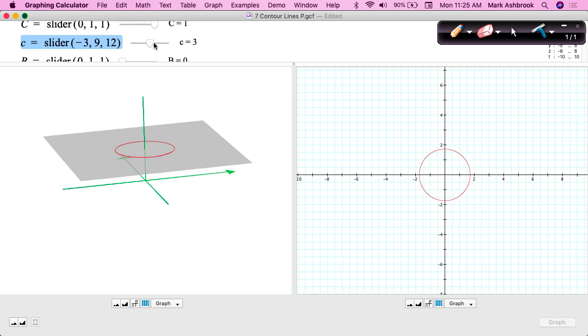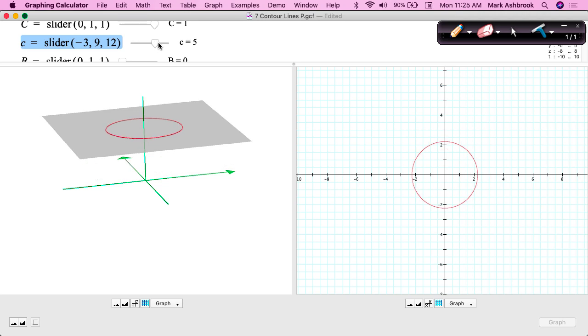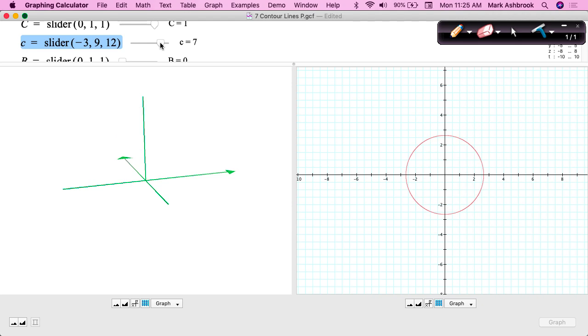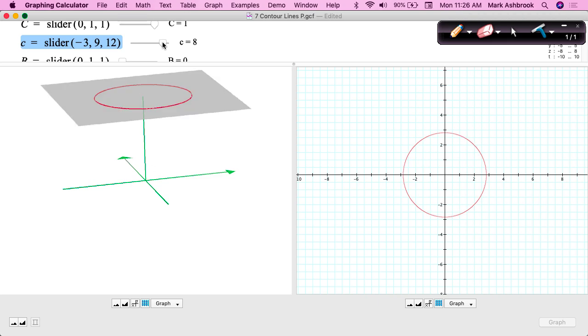And so for every z value, remember we did these traces that we called level curves. So here's z equals 7. There's c equals 8. So if we were to graph all of those at once, say c equals 1, 2, 3, 4, 5, 6, 7, 8, it would look like this.